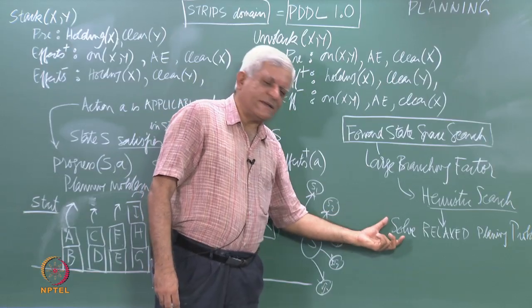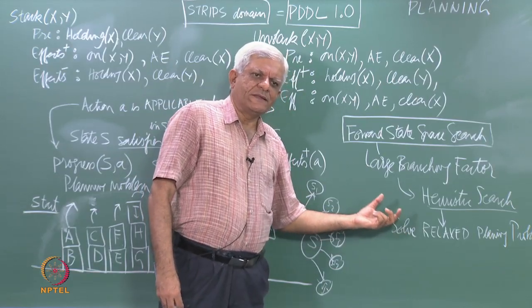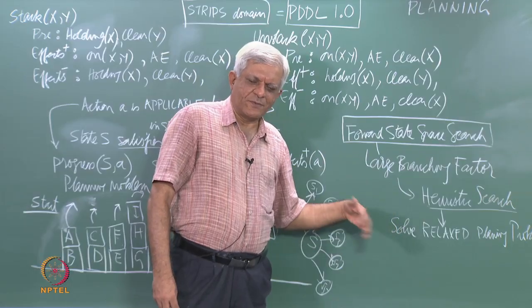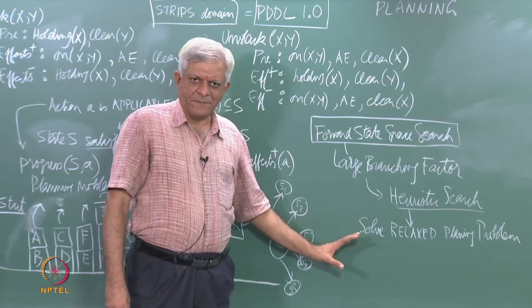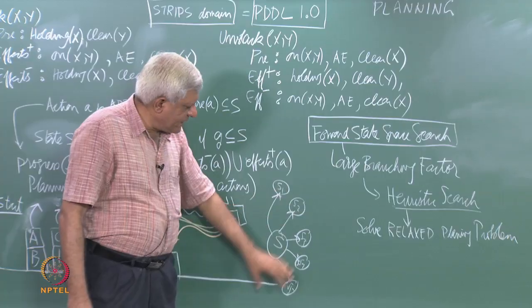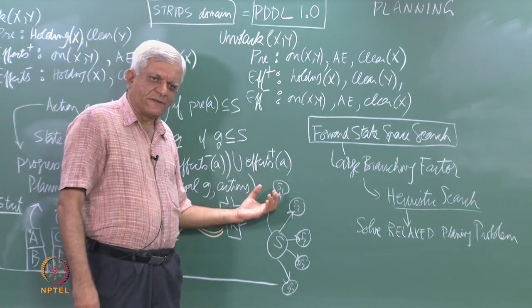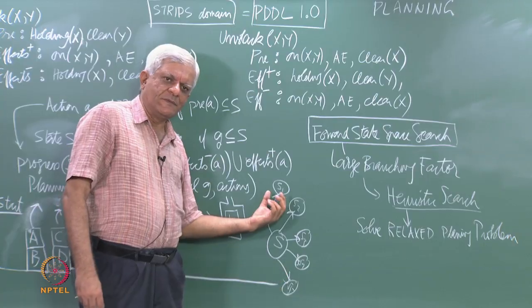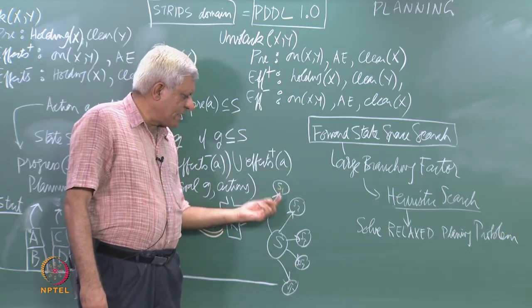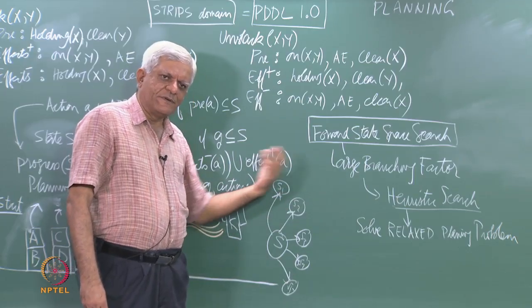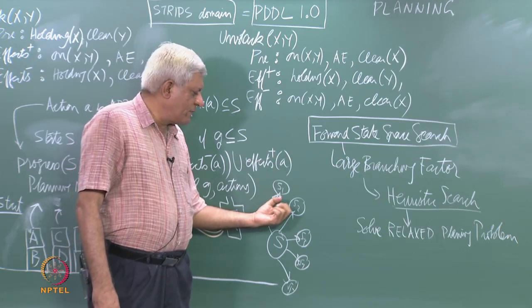In this case, we frame the relaxed problem in such a way that it is an easy problem to solve, which means computationally easy, and when we say computationally easy, we mean polynomial time. So, if each of these states can be posed as a relaxed planning problem and solved in polynomial time, then we will just have k times that polynomial time, and we will be able to decide which one to use here.